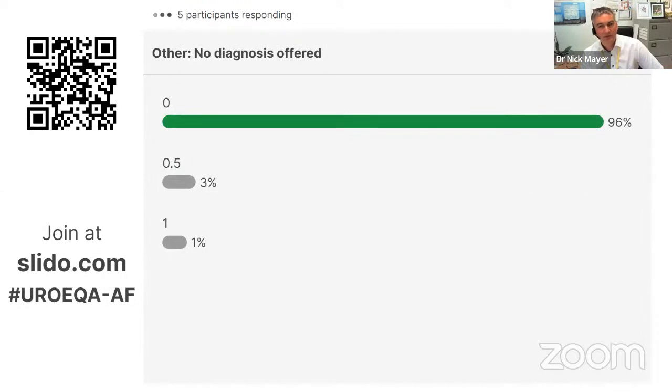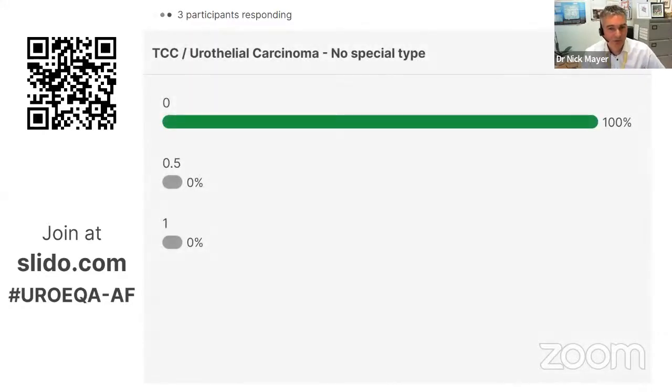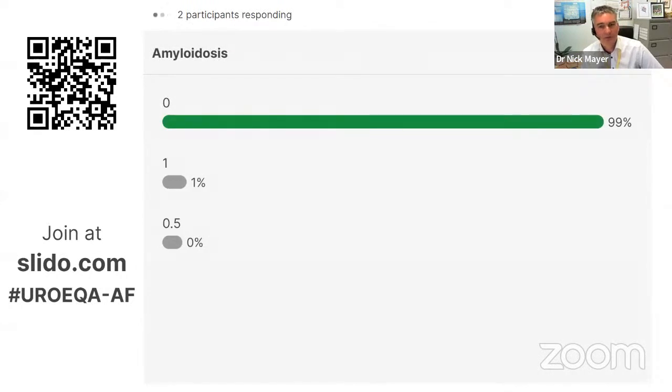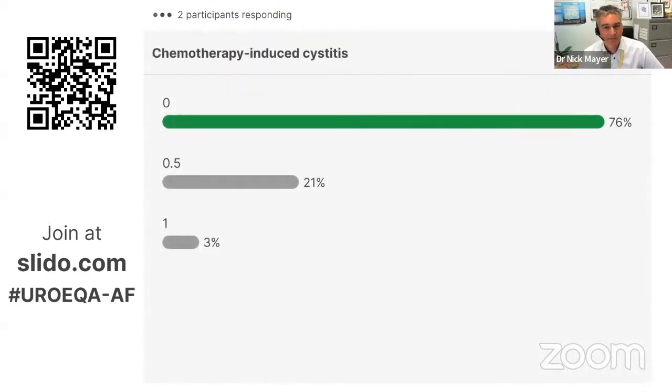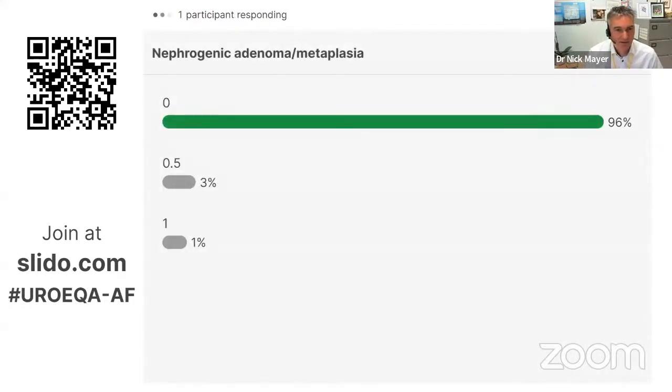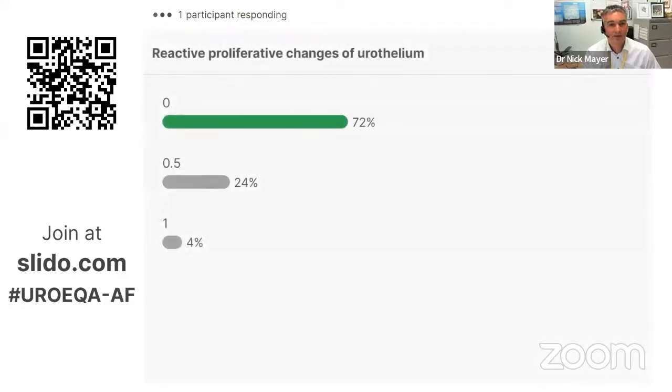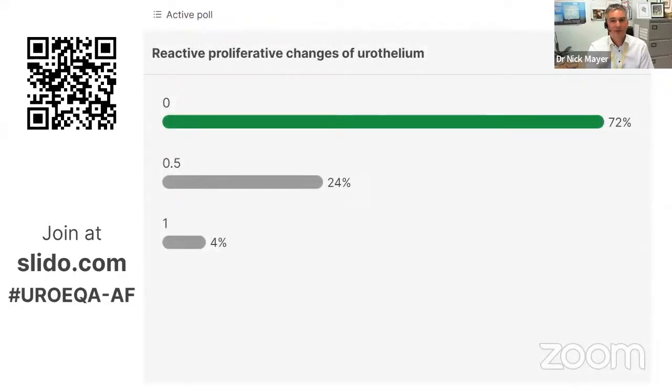No diagnosis offered is 0. Postoperative spindle cell nodule is 0. TCC, no special type, is 0. Amyloidosis is 0. Chemotherapy induced cystitis is 0. Nephrogenic adenoma is 0. Von Brunn's hyperplasia is 0. And reactive proliferative changes of the urothelium is 0.